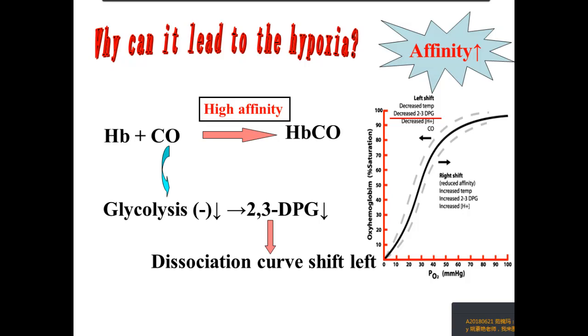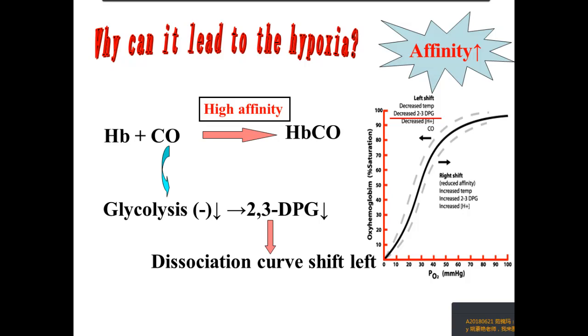So in the tissue capillary blood, oxyhemoglobin liberates oxygen with difficulty, and oxygen moving into the tissue cells decreases. Also hypoxia. Now, this is carbon monoxide poisoning.